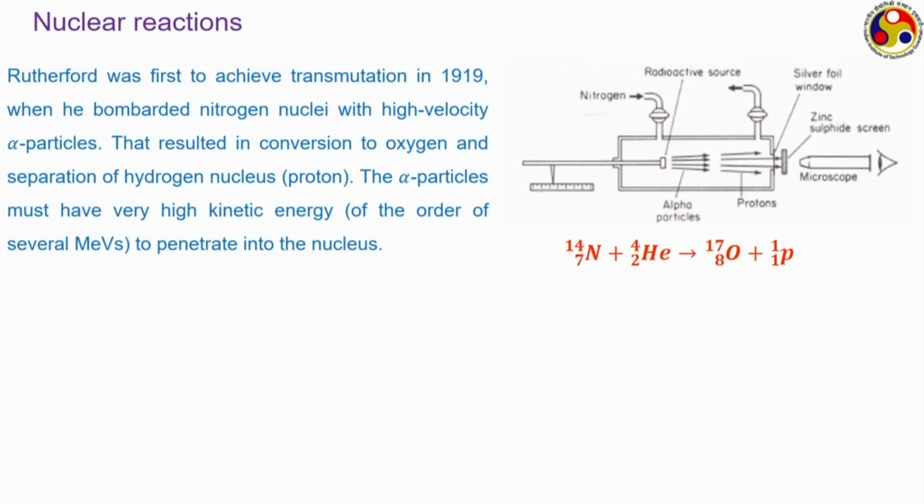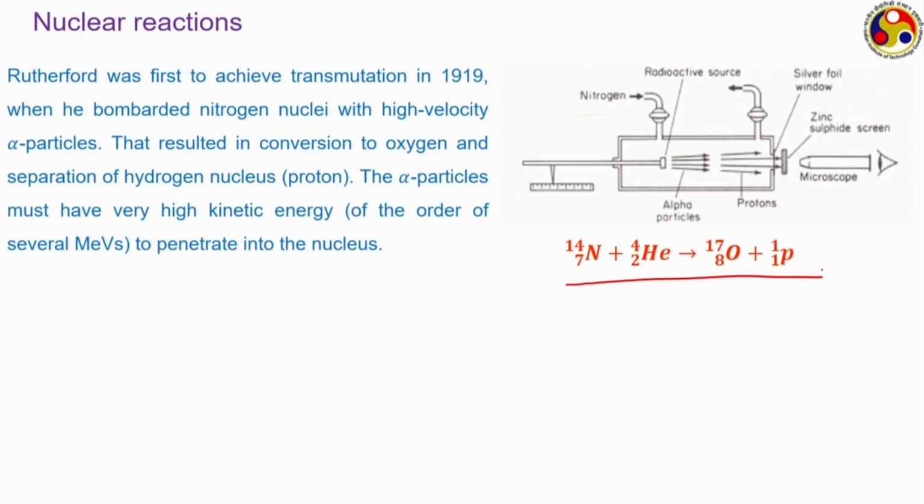So, we have discussed a bit about mathematics so far. Let us now come back to the phenomenon of radioactivity. Radioactivity or corresponding transmutation is a phenomenon that was first achieved on the laboratory scale by Rutherford in 1919, when he bombarded some nitrogen nuclei with high velocity alpha particles, and that resulted in conversion to oxygen and also release of a proton.